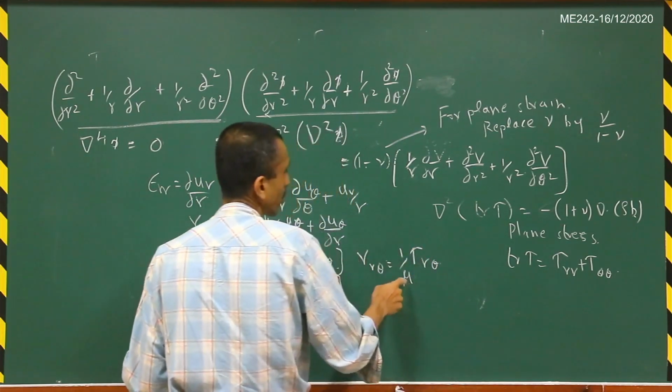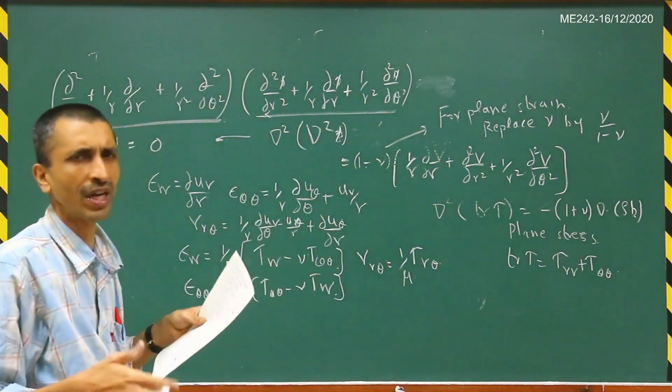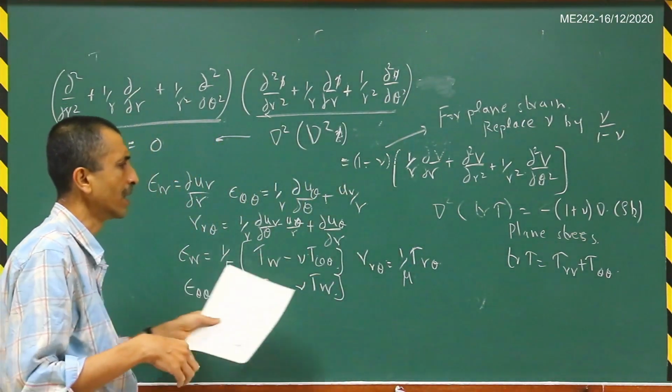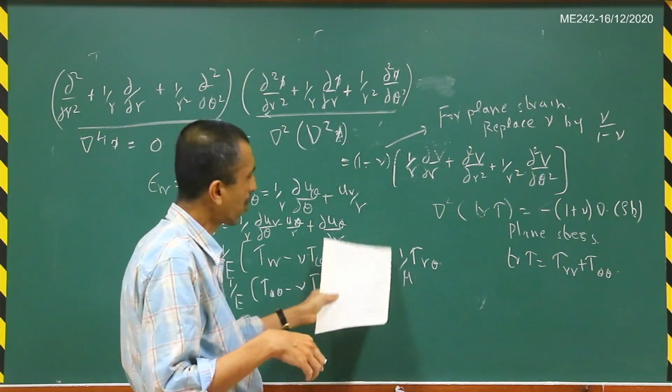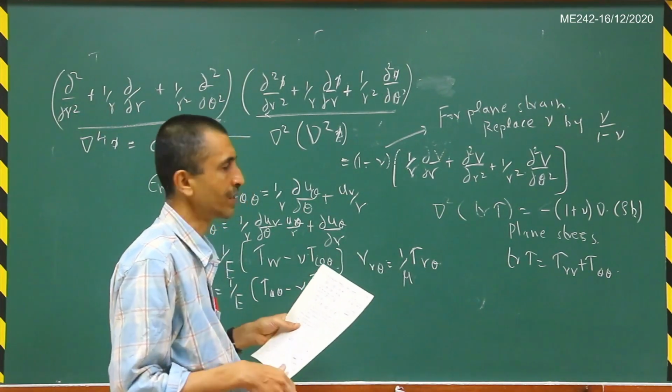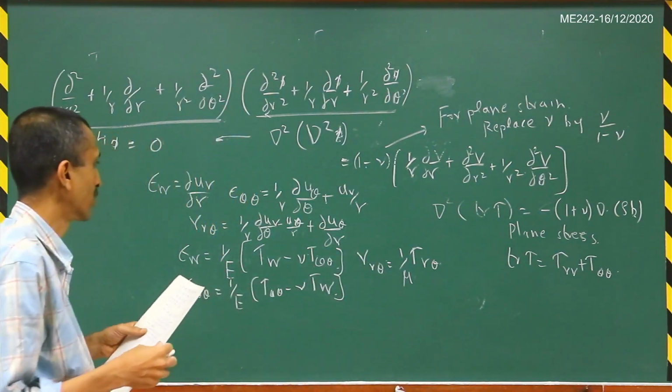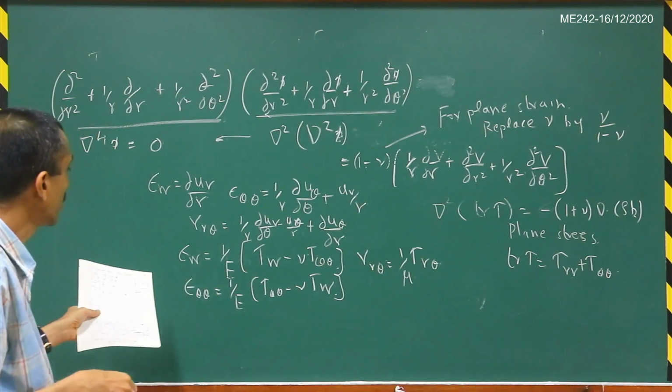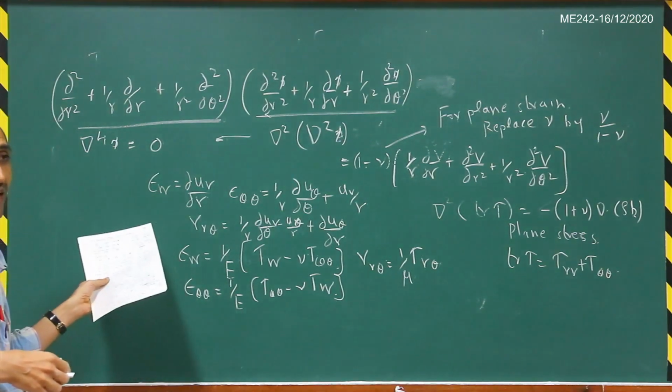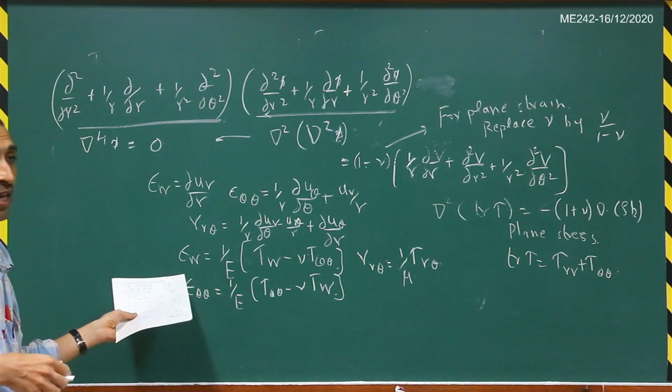Here instead of mu you can also put g, the shear modulus. It's the same thing. This is the Lame parameter mu, which is also equal to g, the shear modulus.